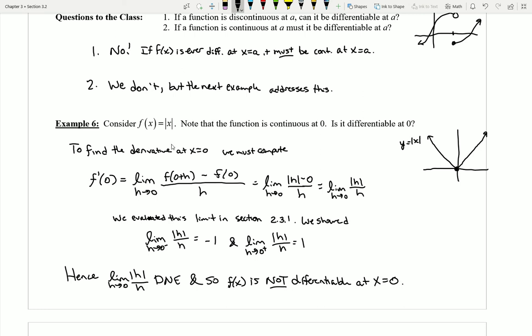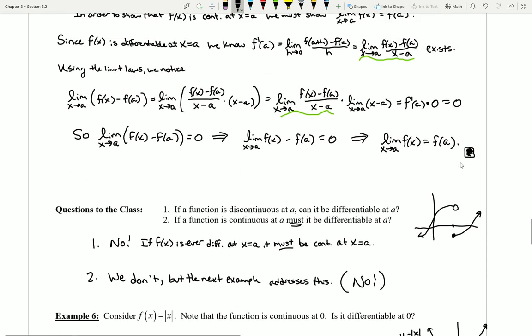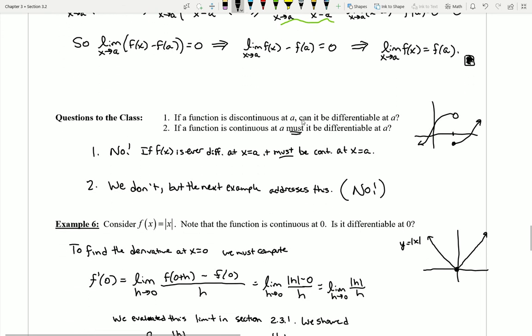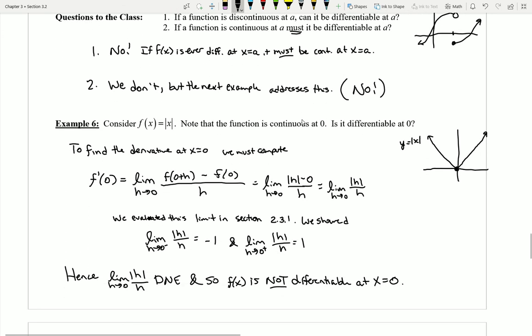So apparently, the answer to the question, if a function is continuous, must it be differentiable, should be no. So that's kind of strange. Just because a function is connected doesn't mean that it's going to be differentiable. But the theorem says if it's differentiable, then it must be connected. So I have to really try to keep those two directions straight in my mind.